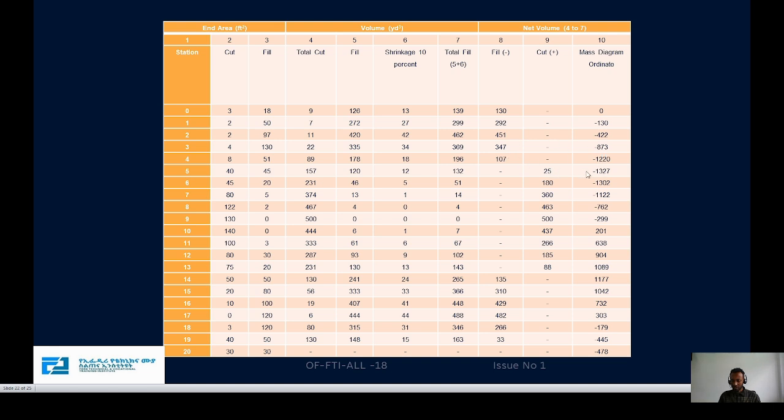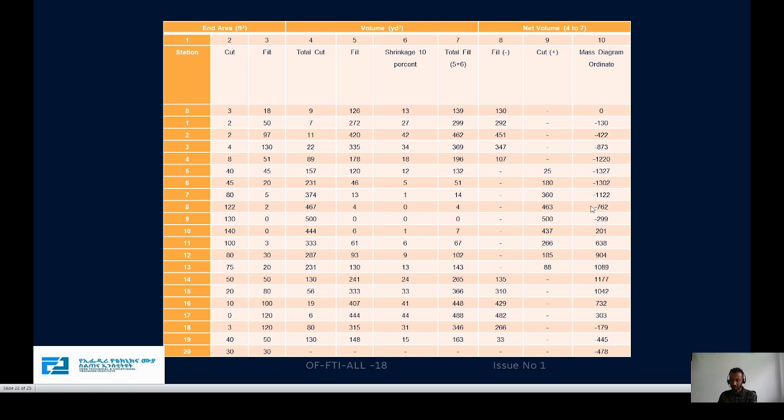Like this. In cutting sections it will be plus. Minus 1327 plus 25 gives a decreasing value.